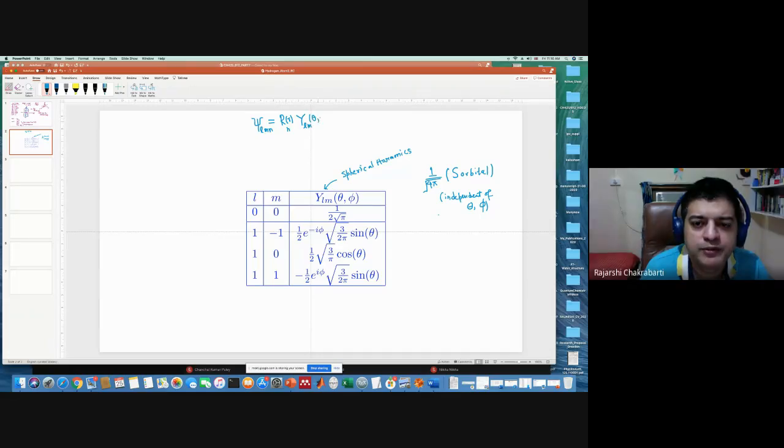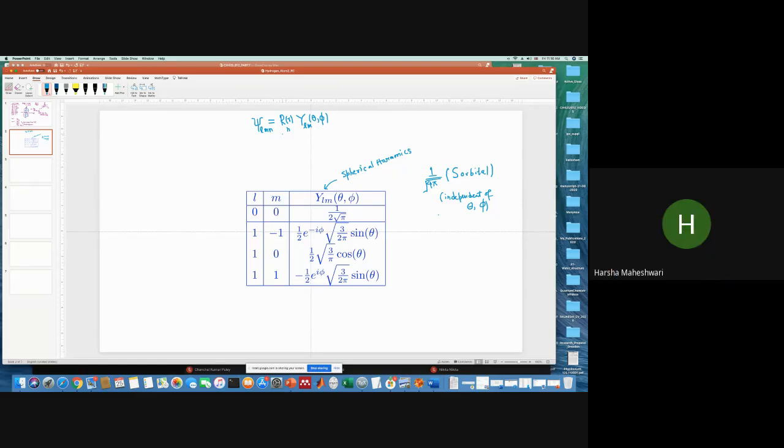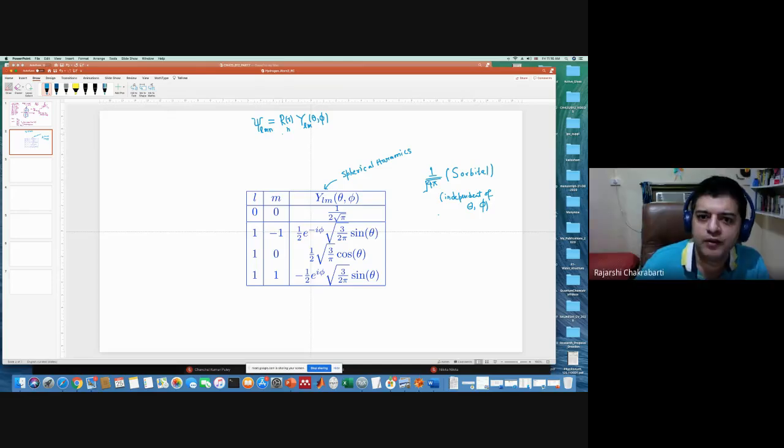What about the functional form of R? Does it depend only on n or anything else? Who can tell me? n only? Only n or l? Also l, yeah, remember, n and l.